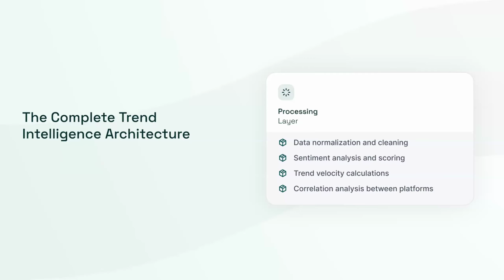Is this a slow build or a sudden spike? And finally, we can use correlation analysis across platforms to track how these trends evolve. For instance, if something starts getting trendy on Reddit and then shows up in TikTok videos, that's a sign the trend is gaining momentum and probably moving into a new phase.